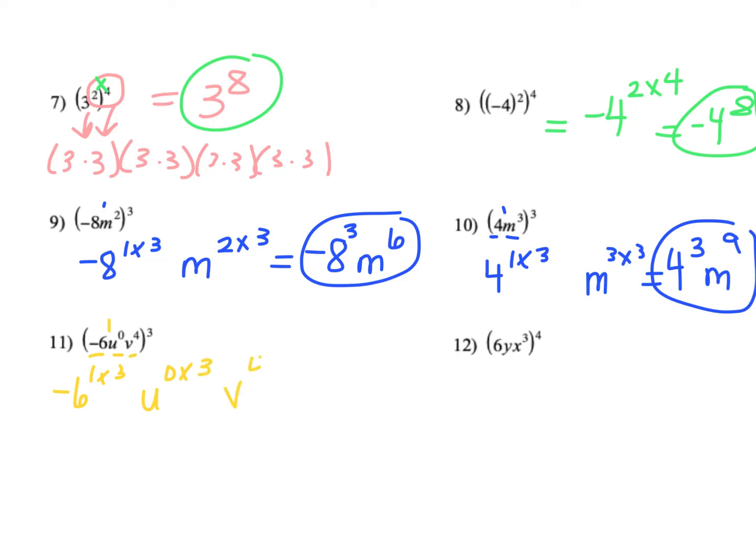So I get negative 6 to the 3rd. 0 times 3 is 0. And 4 times 3 is 12. However, ding, ding, ding, anything to the 0 power is 1. So our final answer is 6 to the 3rd, v to the 12th, negative 6 to the 3rd.